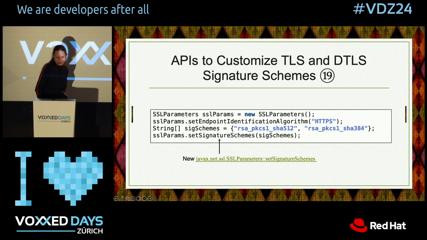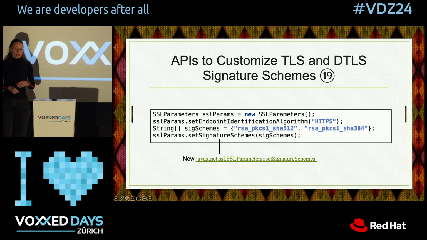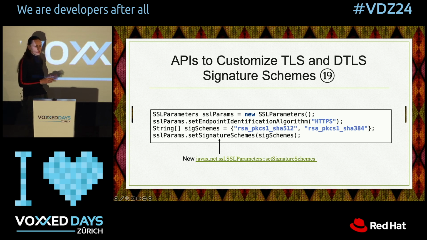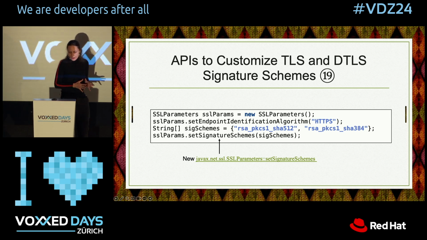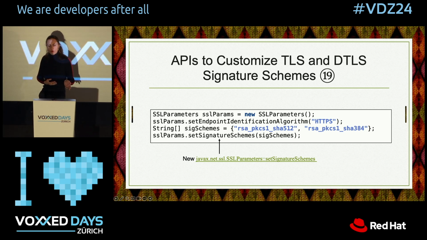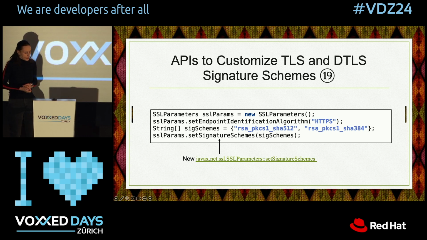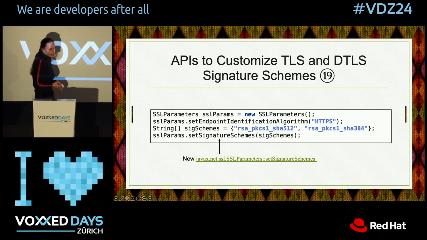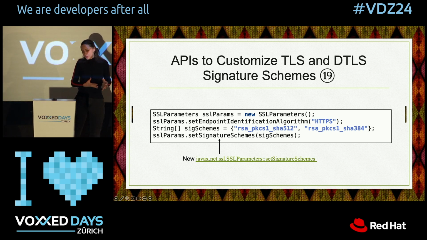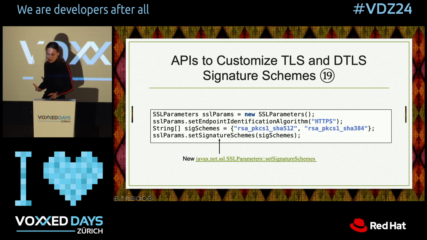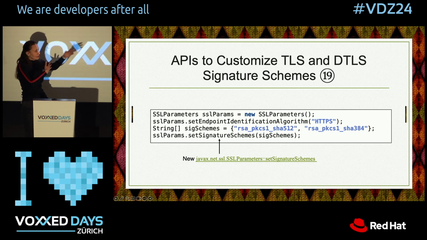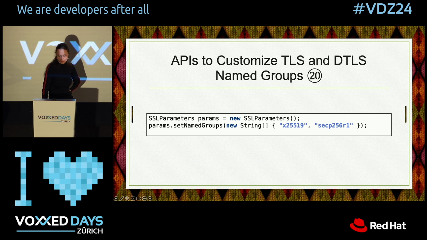Yes, this is where you can find the new signature method. What this new API does is help applications customize the signature schemes for individual connections. And it provides granular control of the security properties rather than using what the security provider gives you as the default signature scheme, because you might find throughout the way that you want to change that.